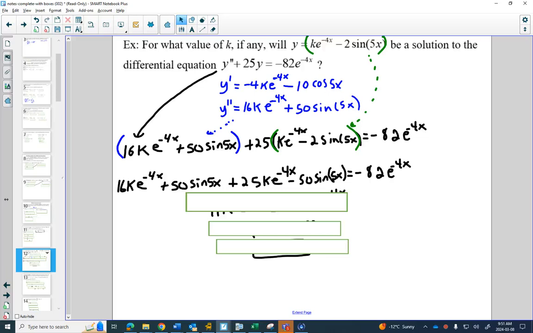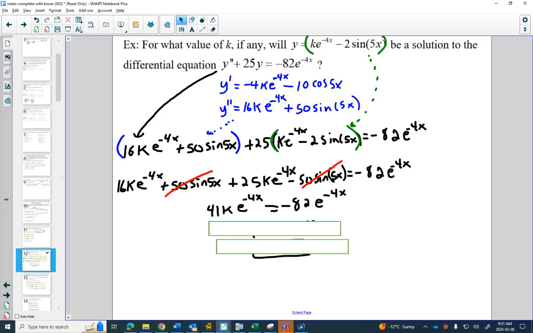Something nice happens with our signs. Right? They were initially scary in the equation, but they cancel out beautifully. I have some like terms on the left-hand side. 16 plus 25 is 41.